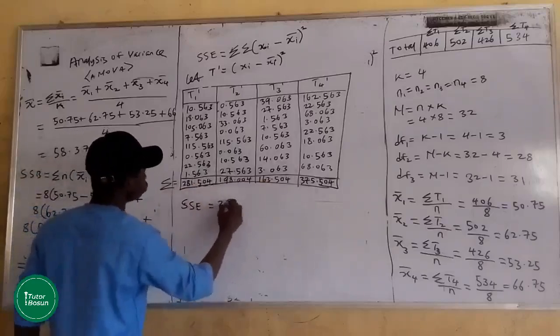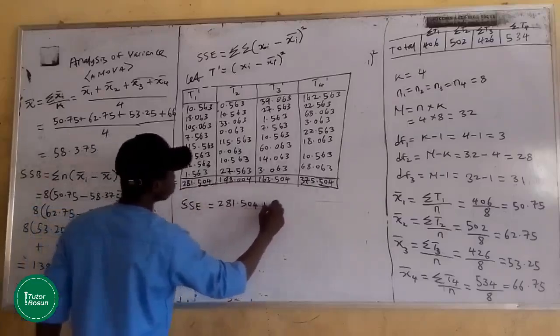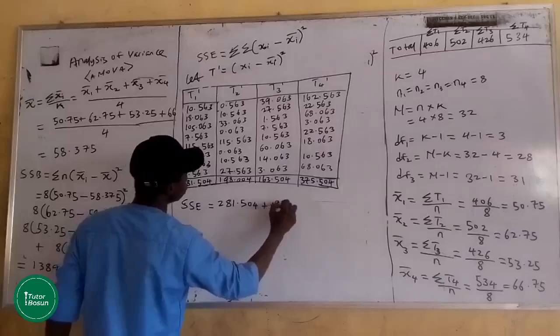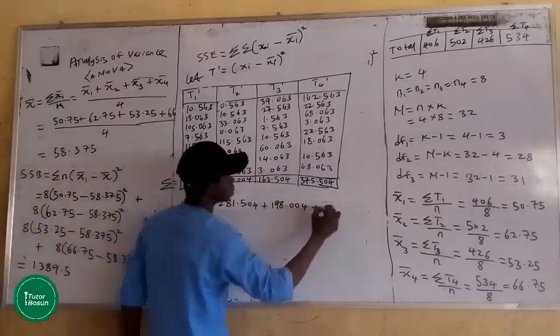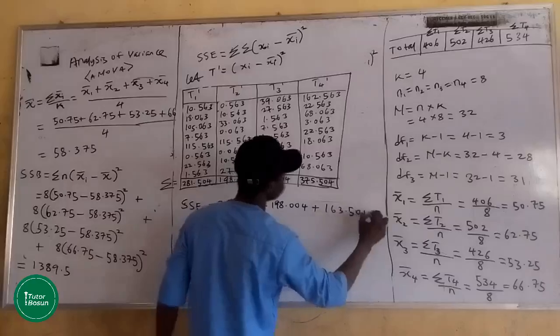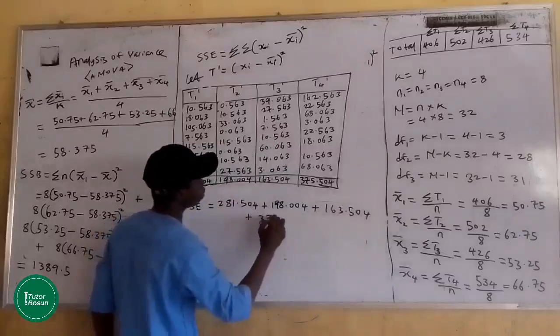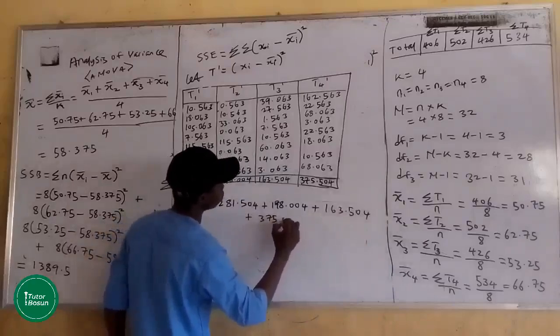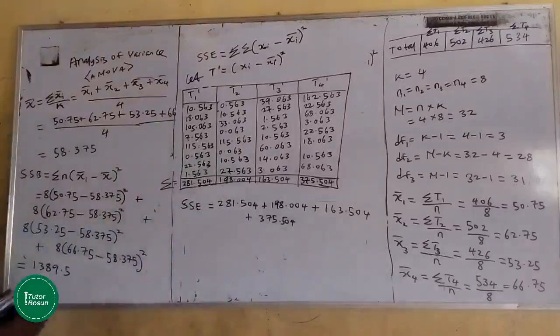So we can now have 281.504 plus 198.004 plus 168.504 plus 375.504, and so on.